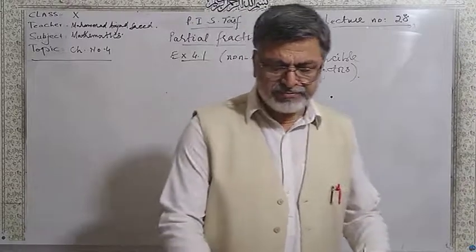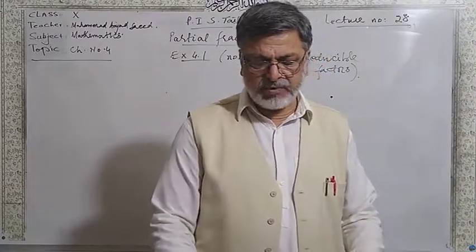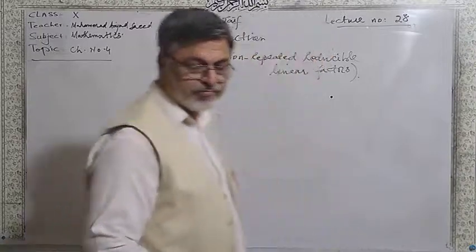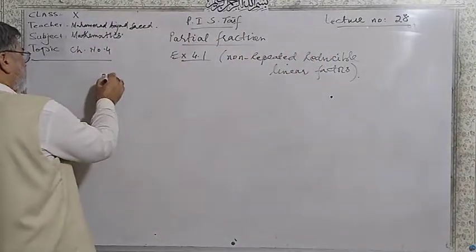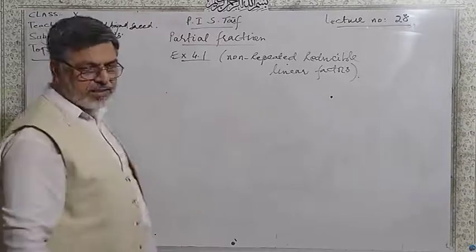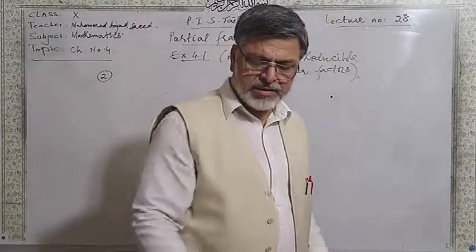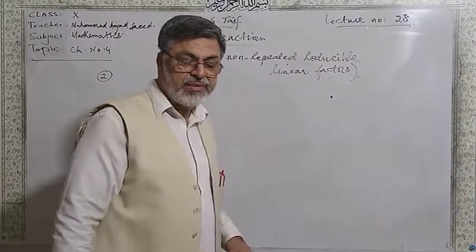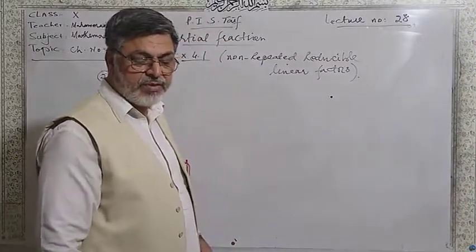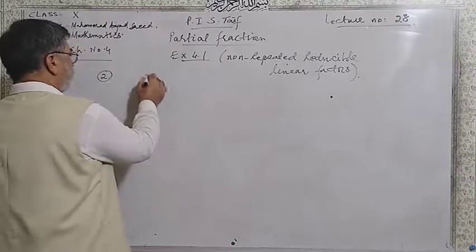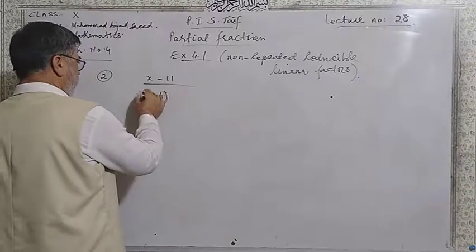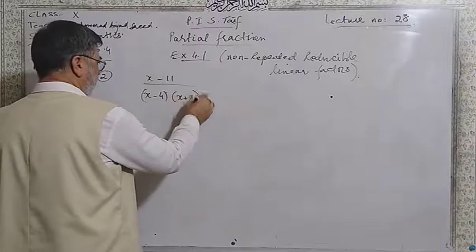For example, in exercise 4.1, we have question number 2. According to the reduced syllabus from Federal Board Islamabad, we have x minus 11 over x minus 4 into x plus 3.